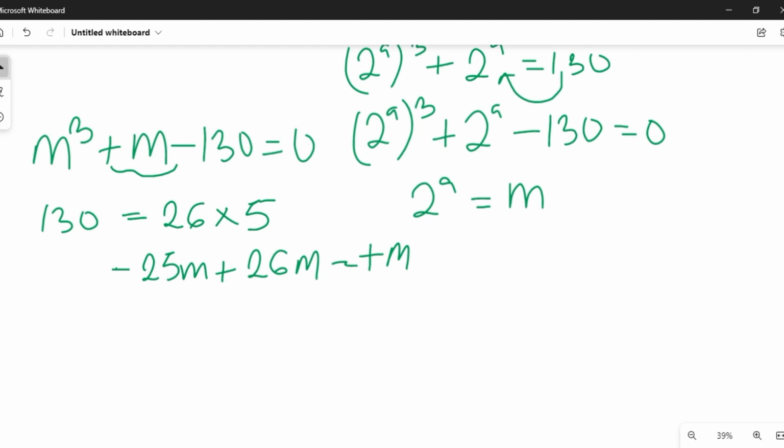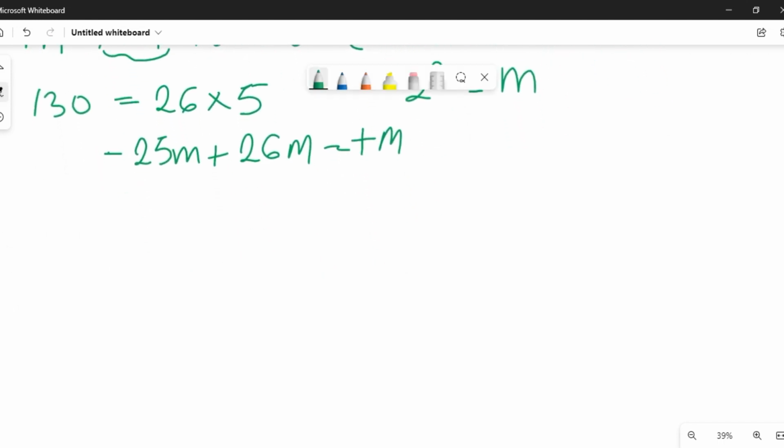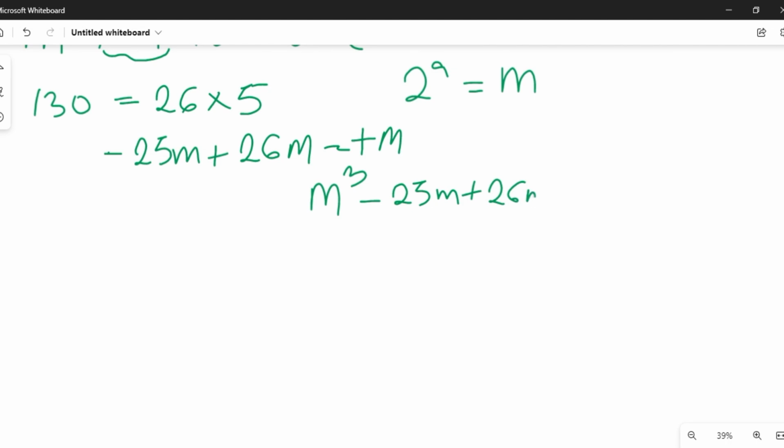So we're going to apply that into this equation. Remember our equation, we have m^3, our plus m will now be minus 25m plus 26m, minus 130, and that will be equal to 0.